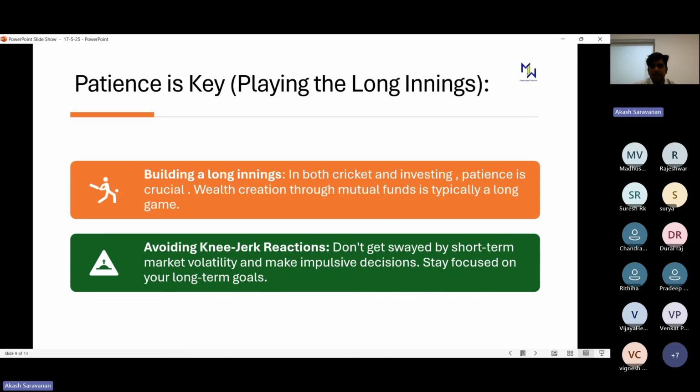You just need to decide on that, because at the end of the day, investing is a very long term game, and once you build that base, and you've made the correct investments, compounding actually takes care of the remaining part. So it's better to have a very, very long term approach.